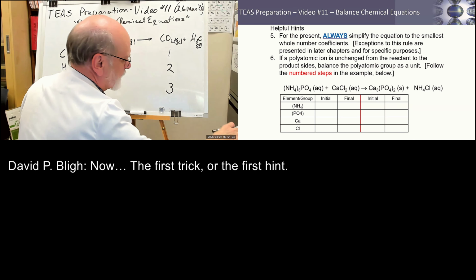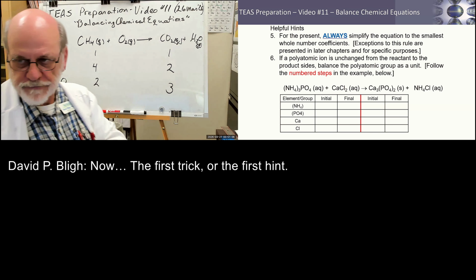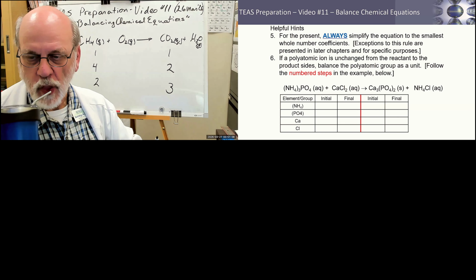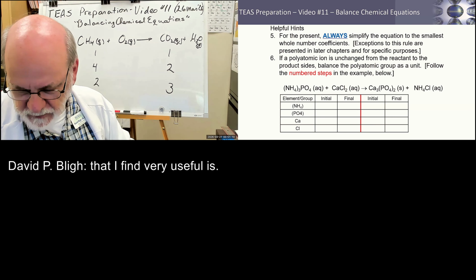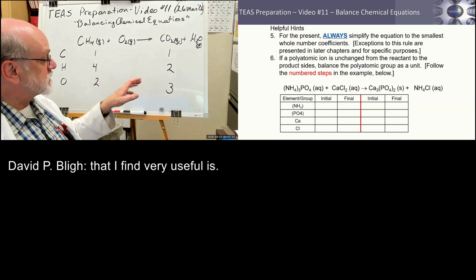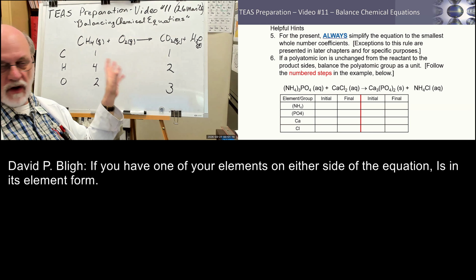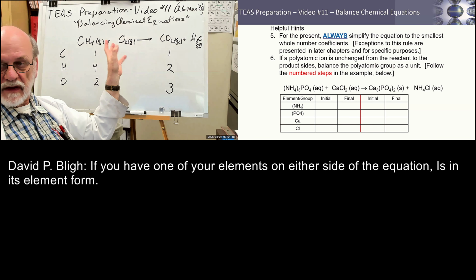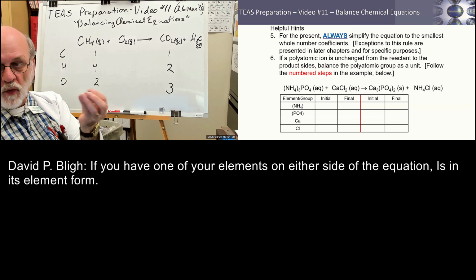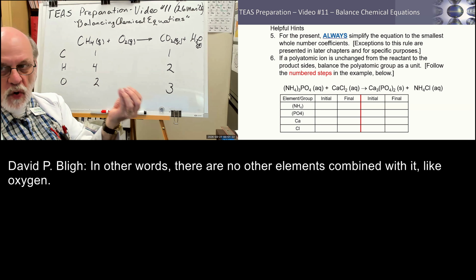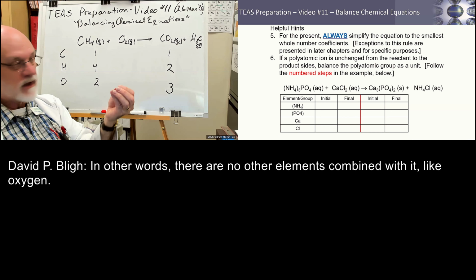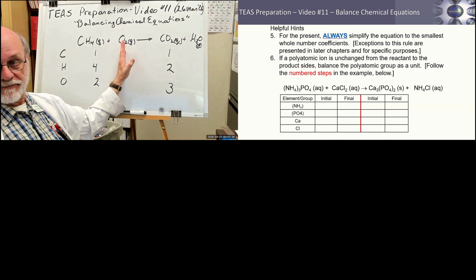Okay? Now, the first trick or the first hint that I find very useful is if you have one of your elements on either side of the equation in its element form, in other words, there are no other elements combined with it, like oxygen.